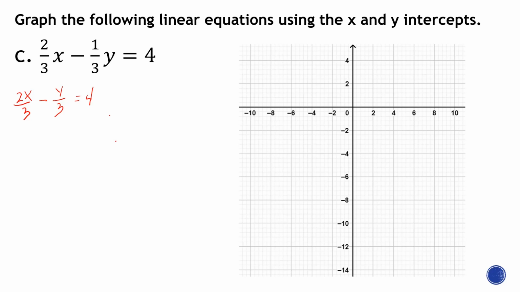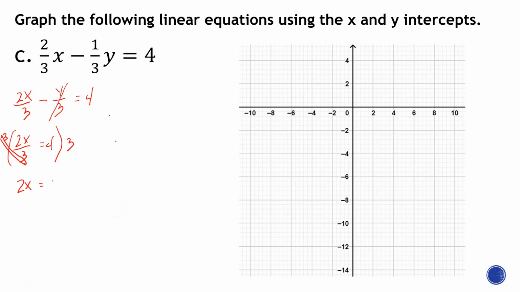Okay, let's begin by solving for the x-intercept. So we cross out the term with y. So this is 2x over 3 equals 4. Multiply both sides by 3. We want the equation to be simpler, so we just cross that out.